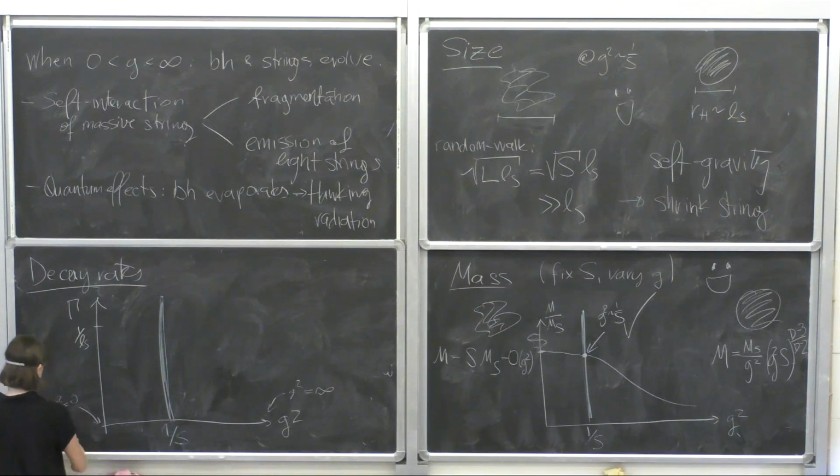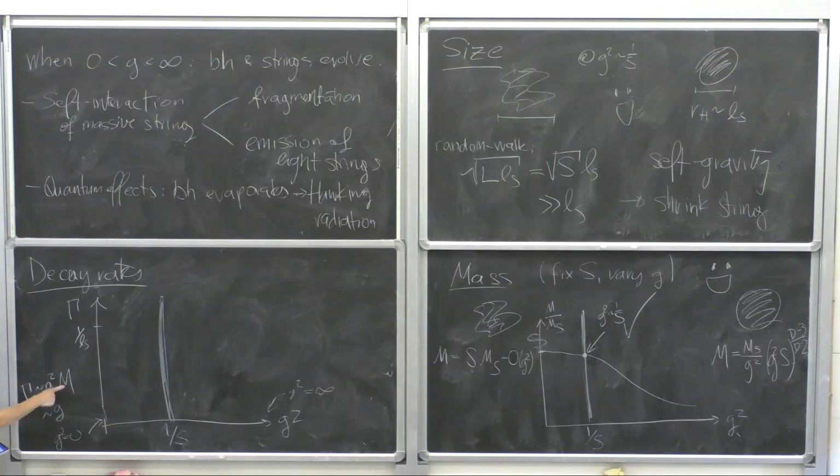So for strings, the decay rate goes with the square of the coupling and the mass, expressed in terms of the string length, and so M is not an adiabatic invariant. I also always want to express things in terms of adiabatic invariants.